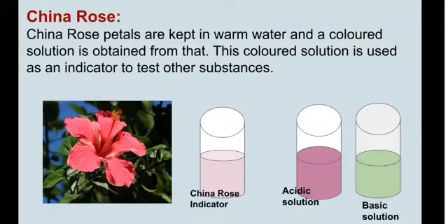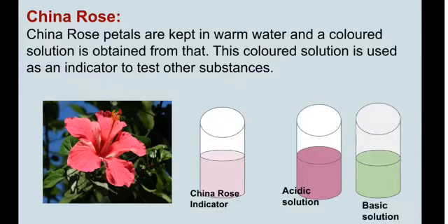Now we'll talk about the China rose. China rose petals are kept in warm water and a colored solution is obtained from that. We can take the China rose petals and keep them in warm water. After 5 to 10 minutes, you will get your China rose solution. With the help of the China rose solution, we can check whether the given substance is acidic or basic in nature.